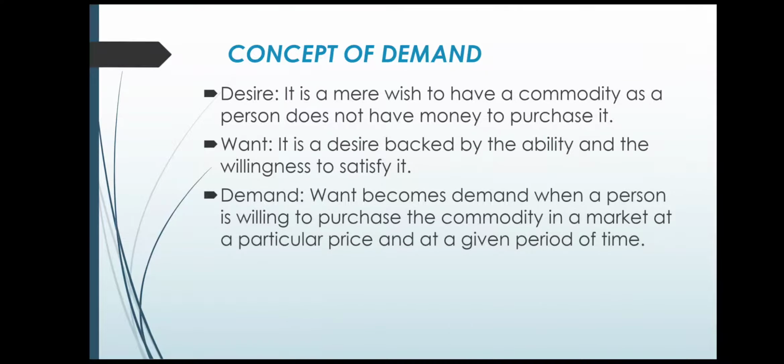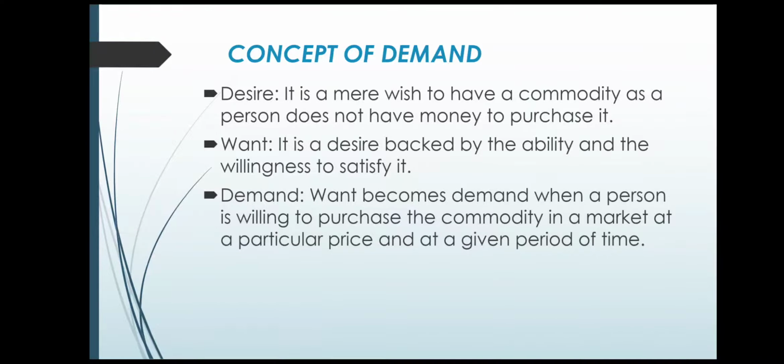So, desire is basically a wish to have a particular commodity, but it is not backed by money. The person has not got money. For example, a beggar might wish to have a house of his own, but he might not have the money to fulfill his wish, and as a result, it remains a desire.